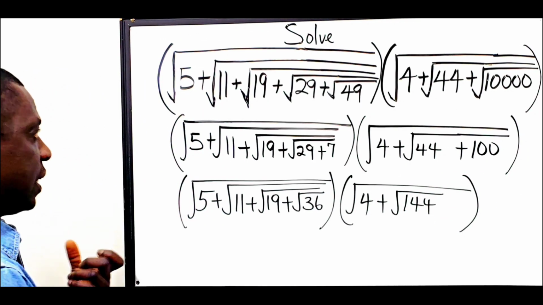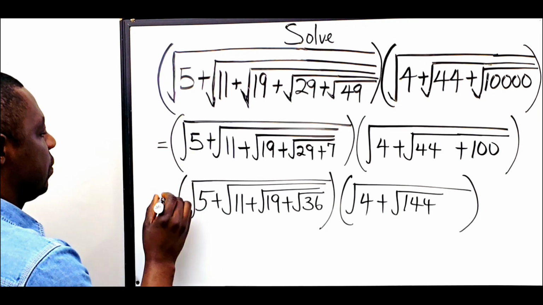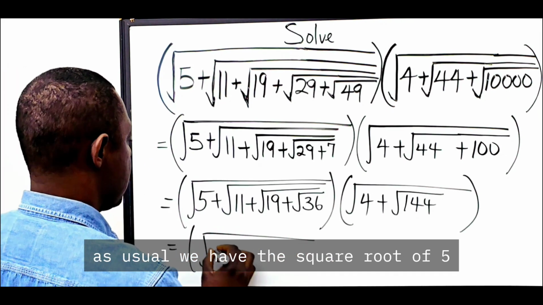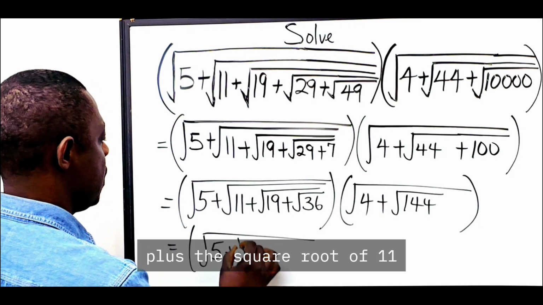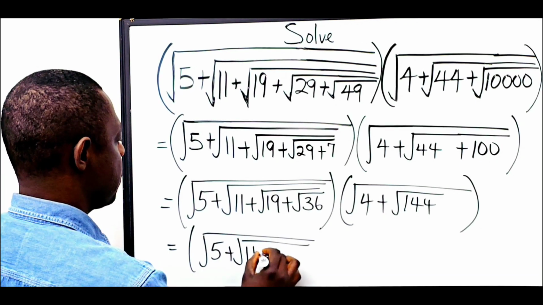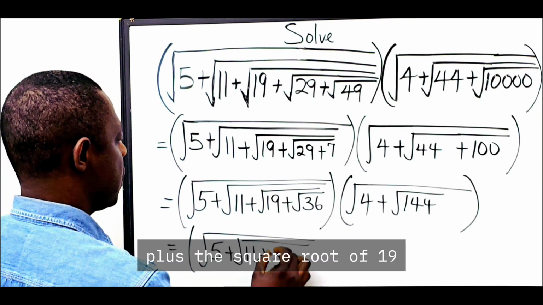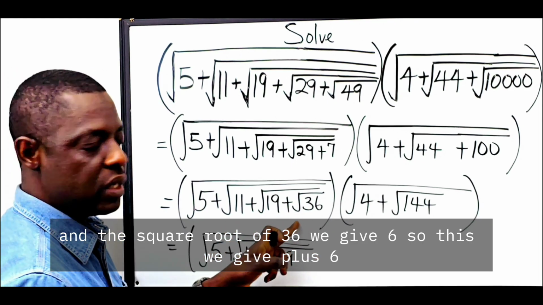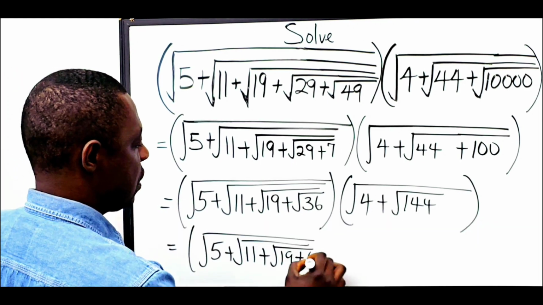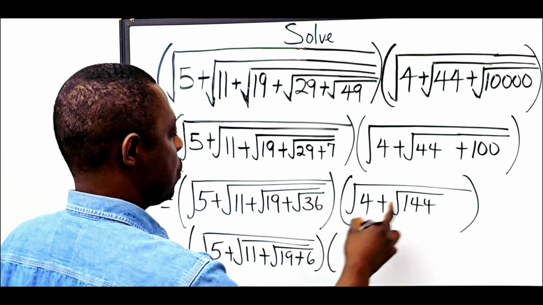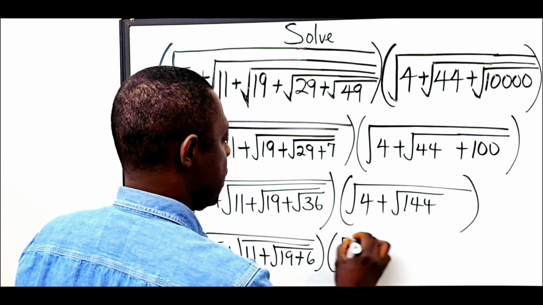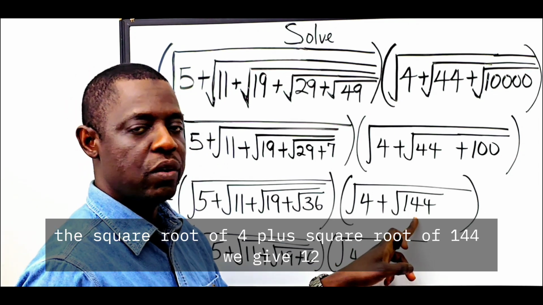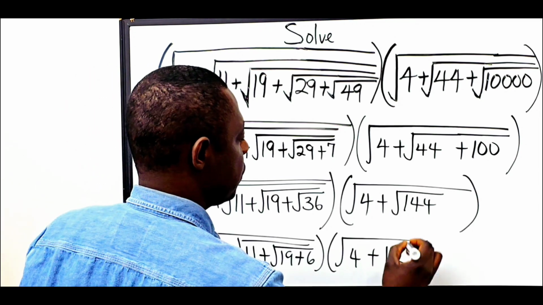Fine. So we continue. As usual, we have the square root of 5 plus the square root of 11 plus the square root of 19, and the square root of 36 will give 6. So this will give plus 6 in bracket. The square root of 4 plus square root of 144 will give 12.